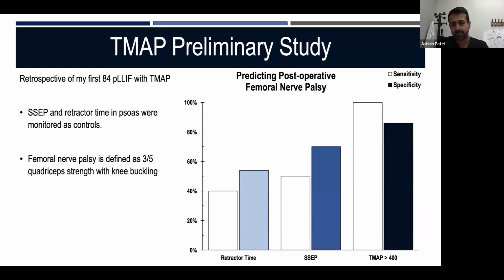And so what we found was that retracted time really had a very low sensitivity and specificity for catching an injury. There are often times where we can have retracted times of 20 minutes, 15 minutes. Some people get really good and they're at 10 minutes. SSEPs performed just a little bit better than that, but we've got to define posterior tibial SSEPs or saphenous SSEPs.